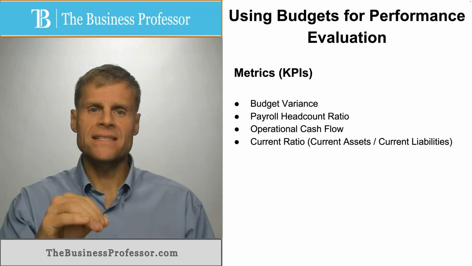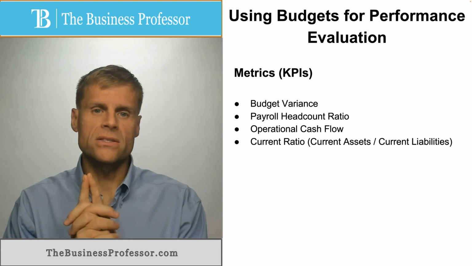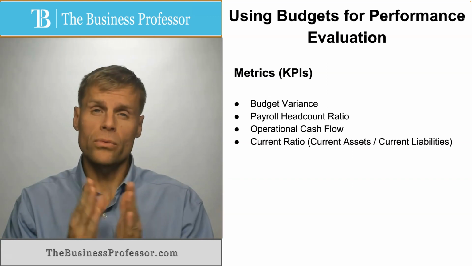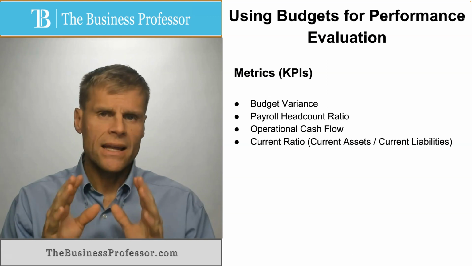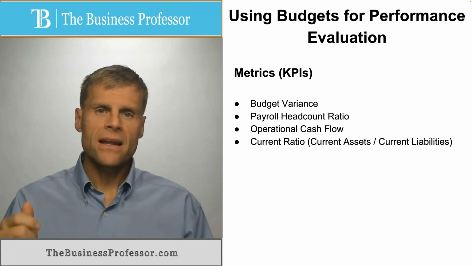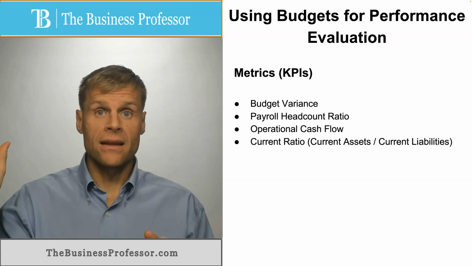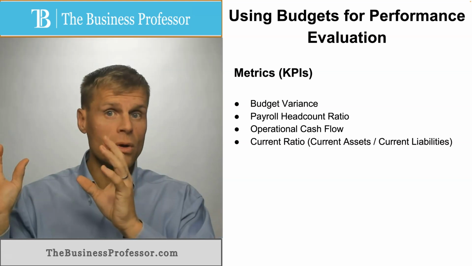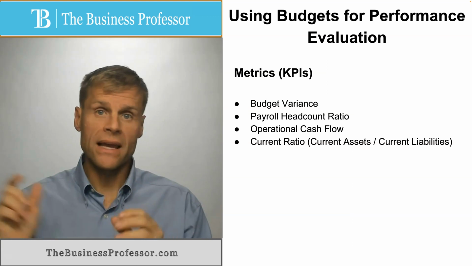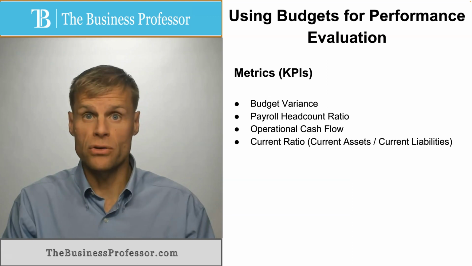This is your current assets to current liabilities, where this is primarily a balance sheet ratio because current assets and current liabilities are recorded on the balance sheet. It also relates very strongly to the budget, in that it identifies, once again, the changes in the ratio between your current assets and your current liabilities and how that related to the performance of an individual unit that is producing revenue.